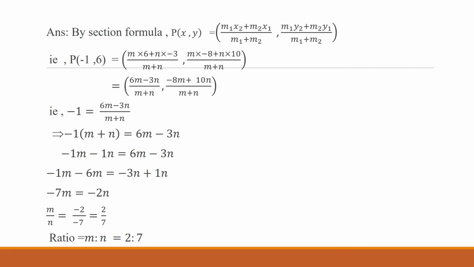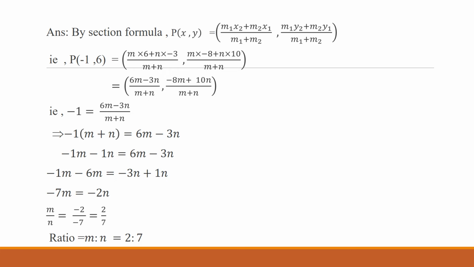So, (m into 6 plus n into -3) by (m plus n) for x coordinate and (m into -8 plus n into 10) by (m plus n) for y coordinate, which becomes (6m minus 3n) by (m plus n) and (-8m plus 10n) by (m plus n).